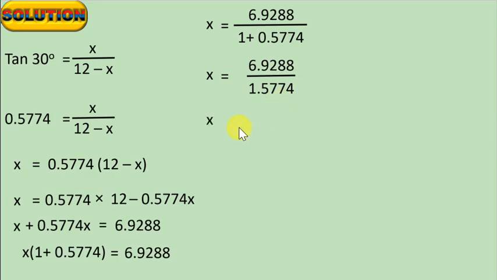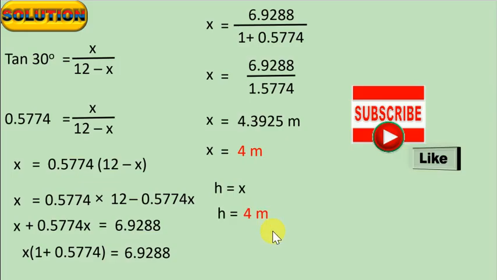If you do that, you are going to find the value of x will be 4.3925 meters. Then rounding it up to 3 significant figures will give me 4 meters. Rounding it up will give us 4 meters. And therefore, the h also will give me 4 meters.